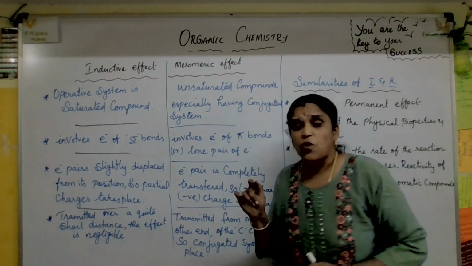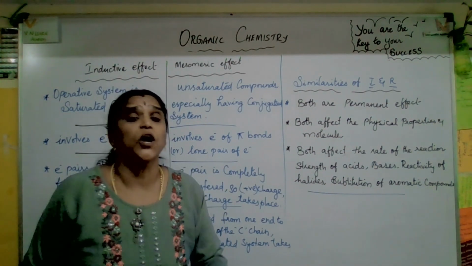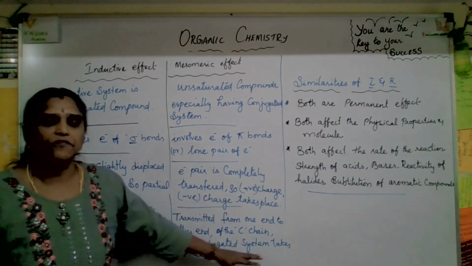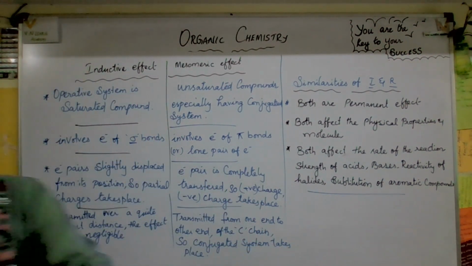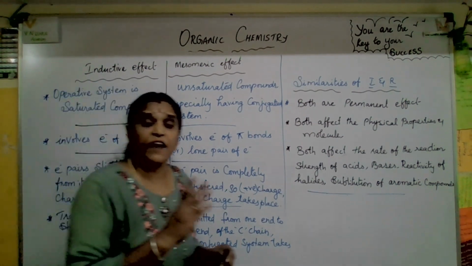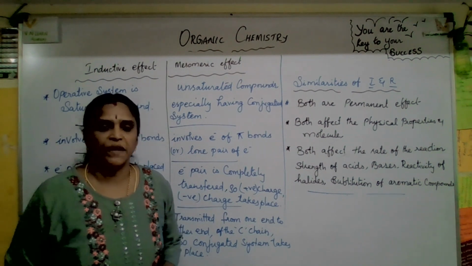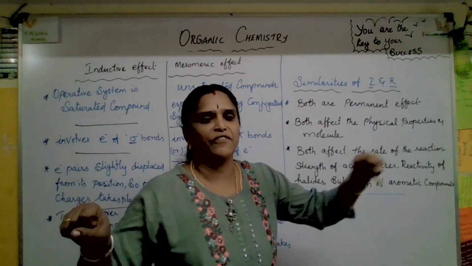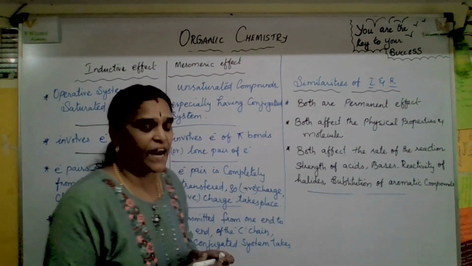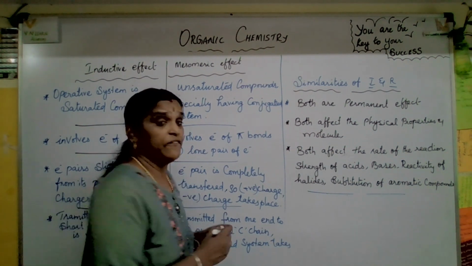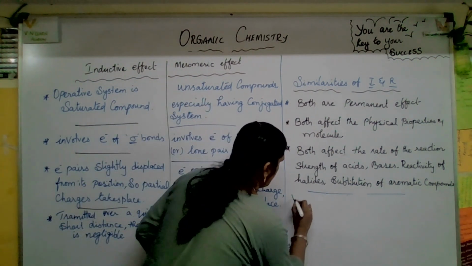Now let us see one example of which is more powerful, then finally we can finish this topic. We have to check which is more powerful, whether inductive effect or mesomeric effect. A tug of war between inductive effect and mesomeric effect. Let us identify it with one example. Vinyl chloride, we can take that example.